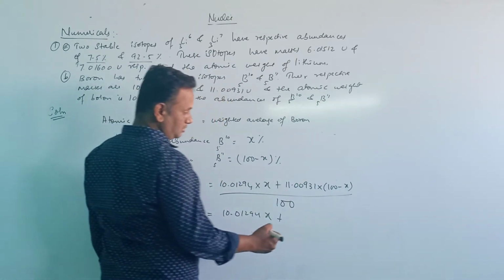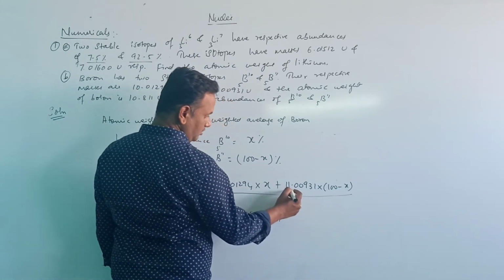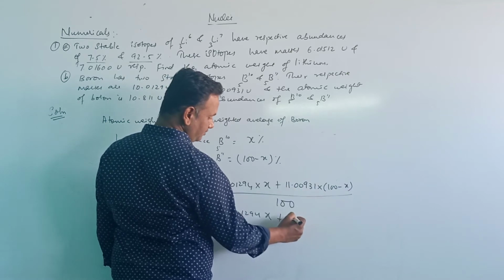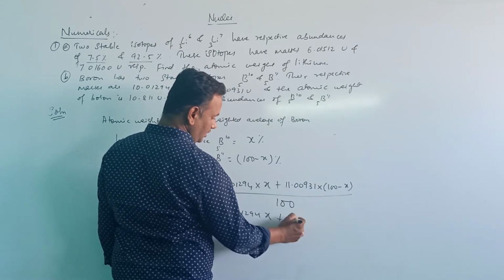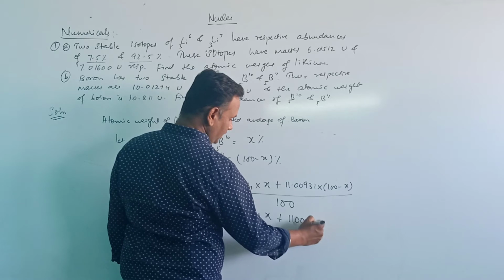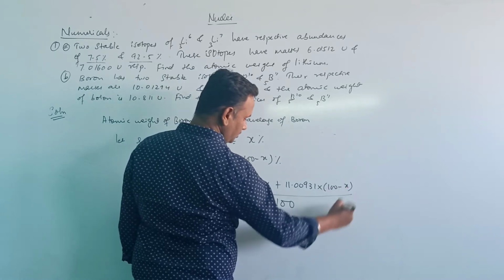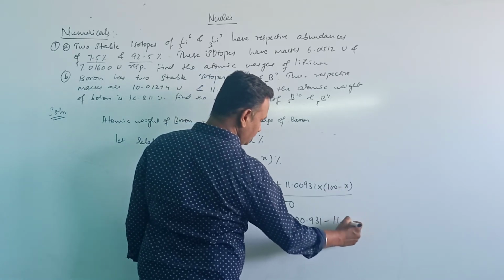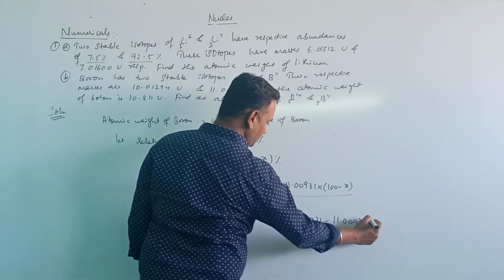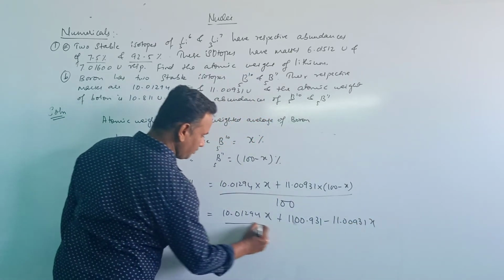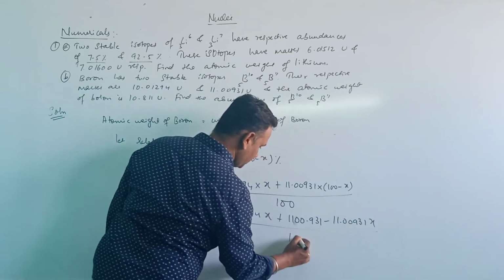That is 1100.931 minus 11.00931x, divided by 100.